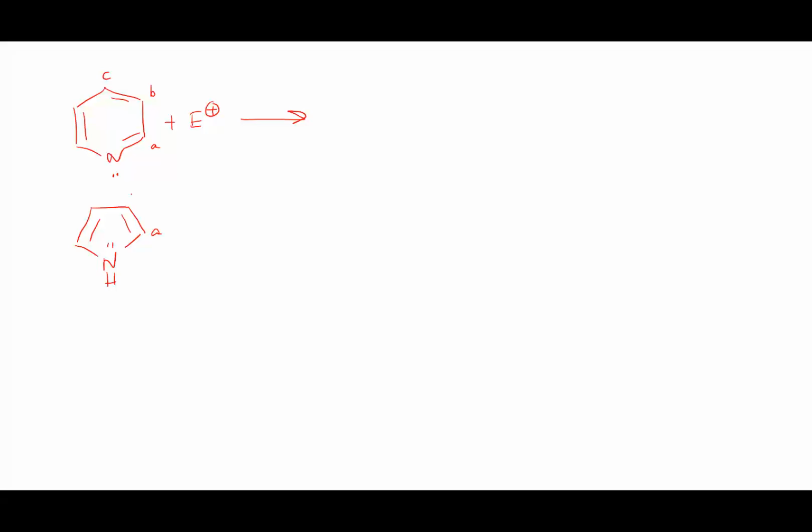And I only have 2 carbons to choose from this time. So I could add my E plus and say, okay, where should E plus add, A or B? Anybody know the answer to that? Nope. So we got to do the same thing.